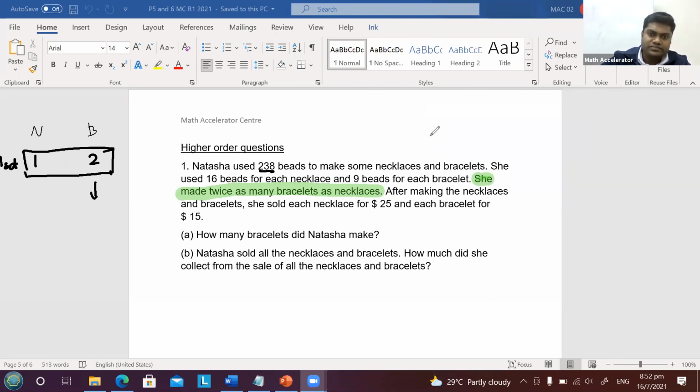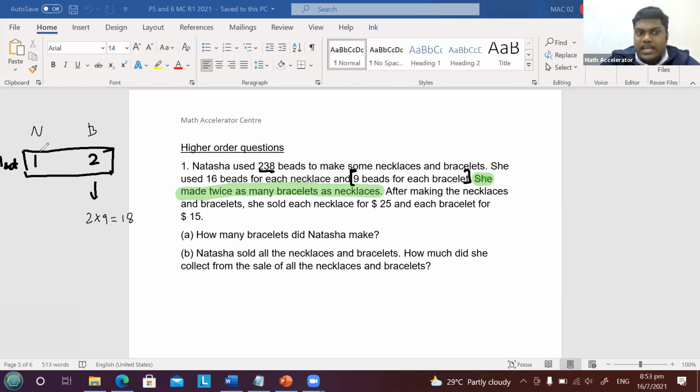Read the question: 9 beads for each bracelet. So if there are 2 bracelets, how many beads altogether? Correct, it's 18. 1 bracelet, 9 beads. So 2 bracelets, 2 times 9 equals 18.